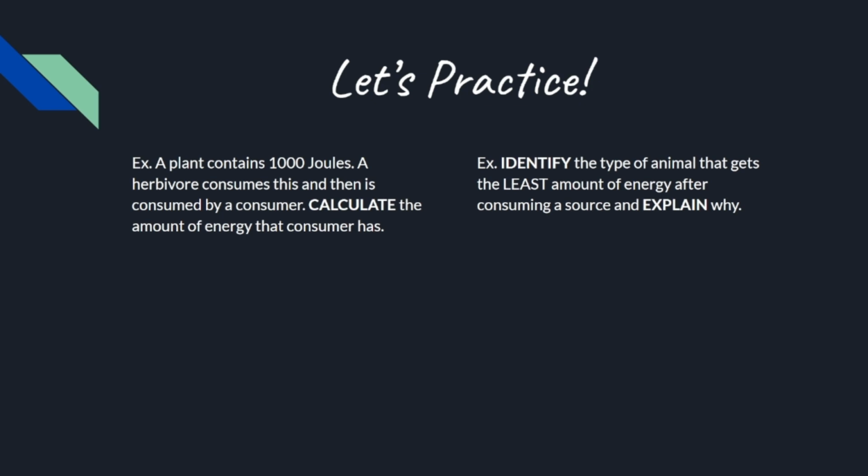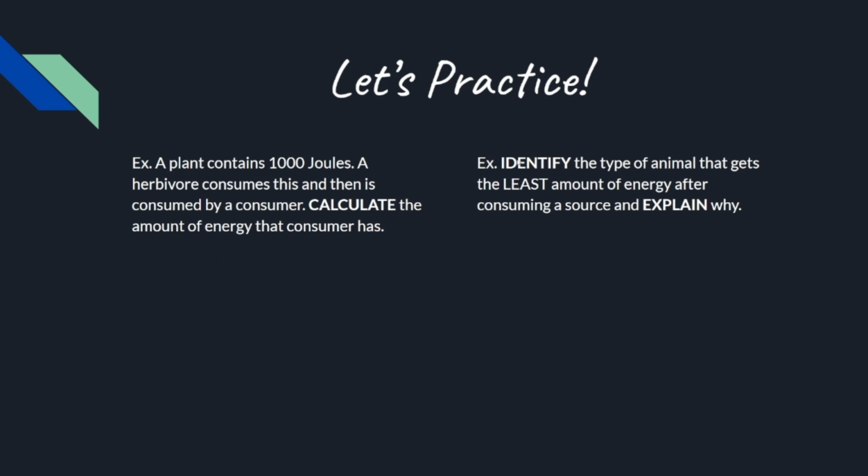And when you do long division, you see only 100 is going towards that consumer, the herbivore. And that herbivore is then consumed as well. So only 10% of that goes to the next consumer. So the consumer only gets 10 joules of energy.